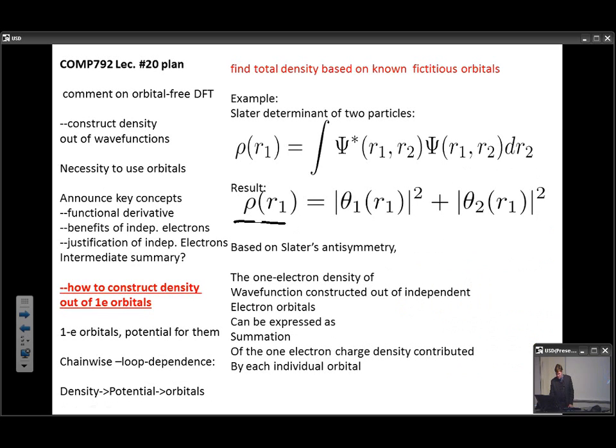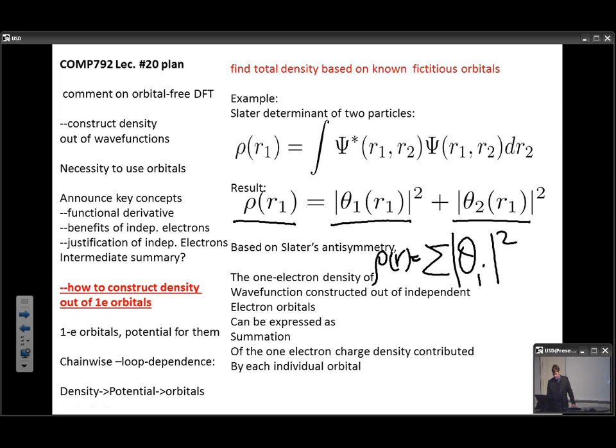This is really beneficial. So rho of R1 is orbital 1 squared plus orbital 2 squared, if you have a system of 2. Generally, if there are more than 2 electrons, we just sum the absolute value of psi sub i squared, which gives us the total density.